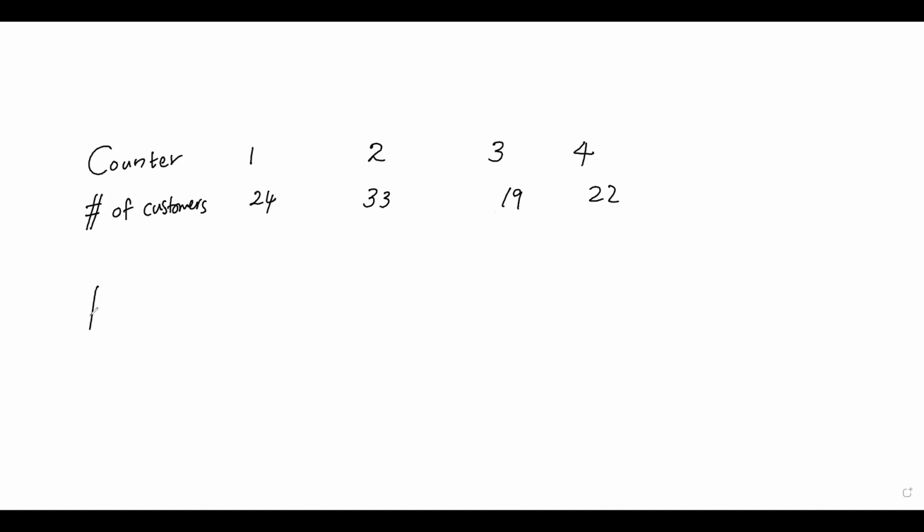Assume you want to check, we usually construct the hypothesis in terms of proportions. So either verbally or by using notation, you can form the hypothesis. So let's say H0: the proportions of customers are equal.